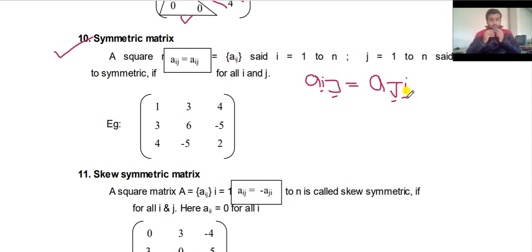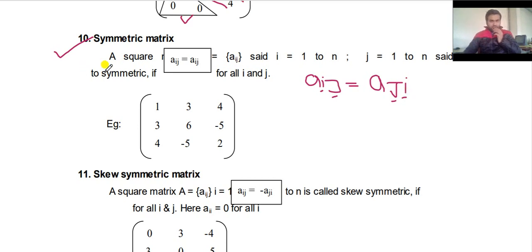So this tells us that if we transpose the matrix, meaning we convert rows into columns and columns into rows, then there will be no change in the matrix. That type of matrix is called a symmetric matrix.